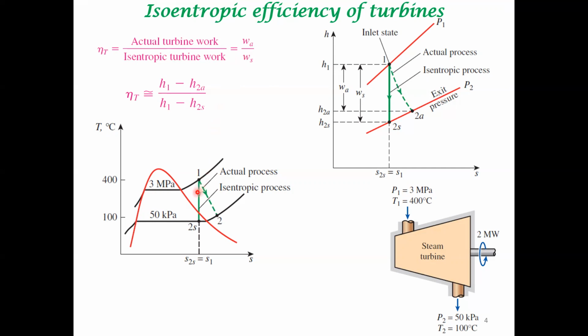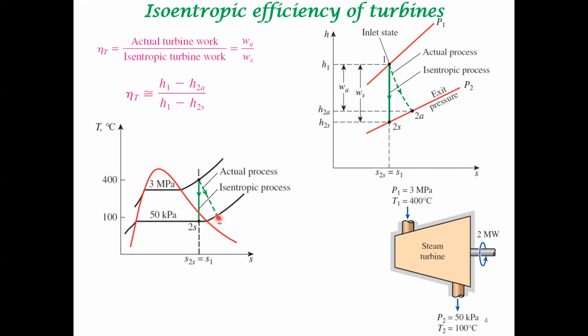Okay, so again, for this system, we are representing the changes in a T-S diagram. For the ideal system, there is no change in entropy. The real system has an increase in entropy. And note the difference in temperature between the real system and the ideal system.